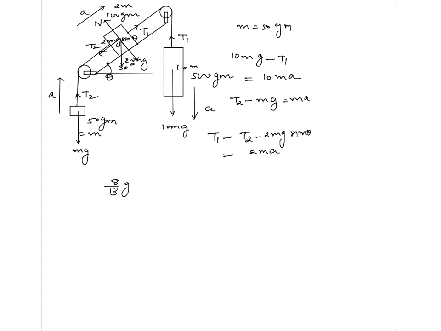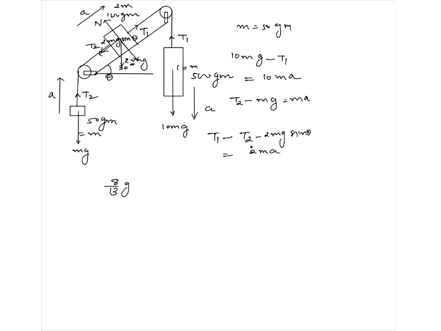If this angle is theta, then this component will be 2 mg sine theta. So T1 minus T2 minus 2 mg sine theta. Anything else? No. That's the net force, and that will be equal to mass times acceleration, this equation. This equation has all the three variables, A, T1 and T2.